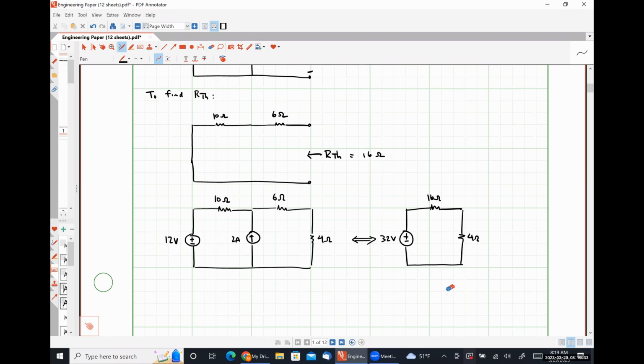Yes, sir. So whenever you're finding the resistance, would you treat current and voltage sources the same way? So if we had a dependent source, and we're going to talk about this more on Monday, we can never turn a dependent source off.